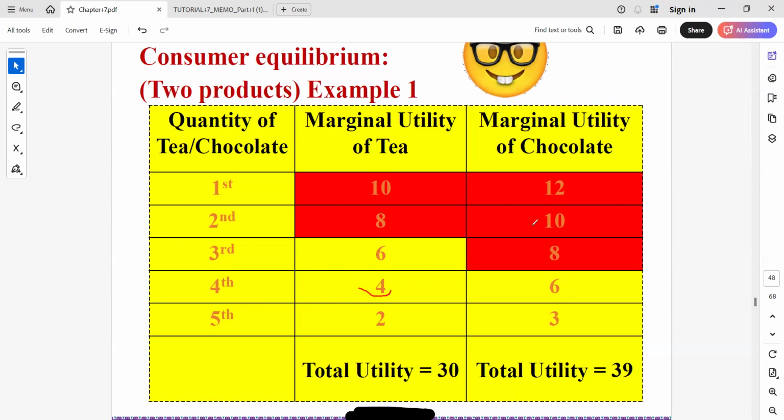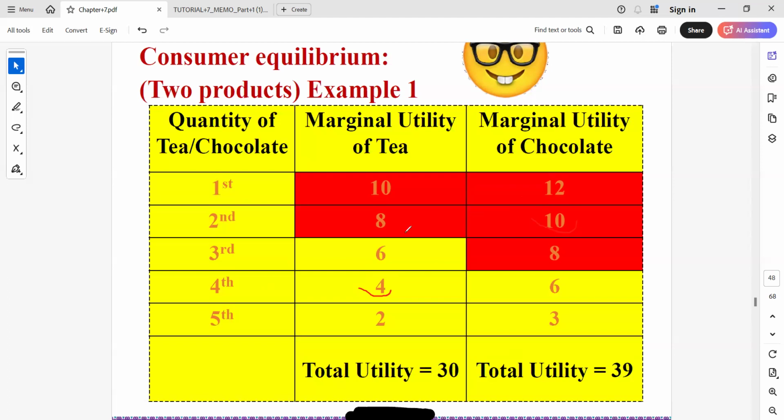4 tea and 2 chocolates, what will be his total utility? So basically, you're going to add 10 plus 8 plus 6 plus 4. Then you're also going to add 12 plus 10. Then you're going to add them together to get the total utility for consuming 4 tea and 2 chocolates.